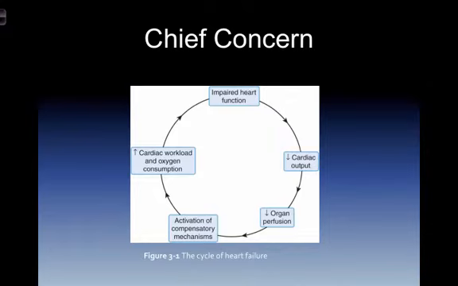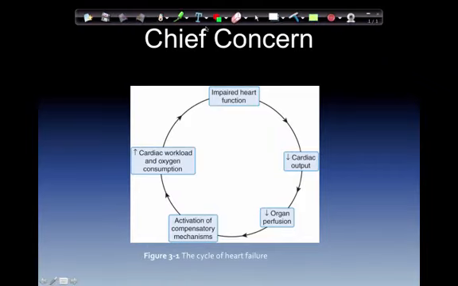We're going to talk a little bit about the cardiac cycle. So, first of all, the patient would have impaired heart function, and this could be from a multitude of things. So, whatever got them there to give them impaired heart function to begin with.